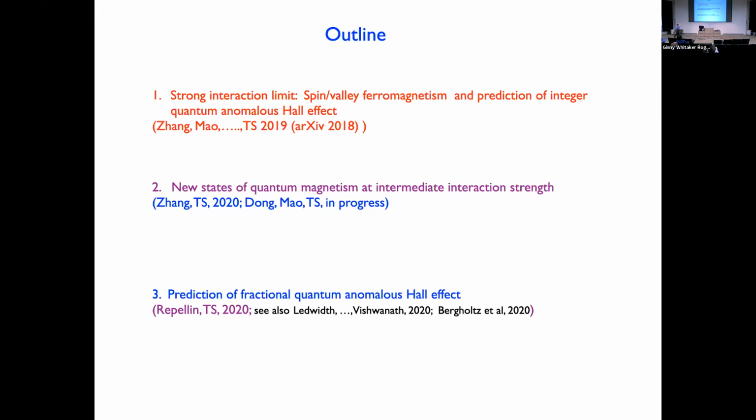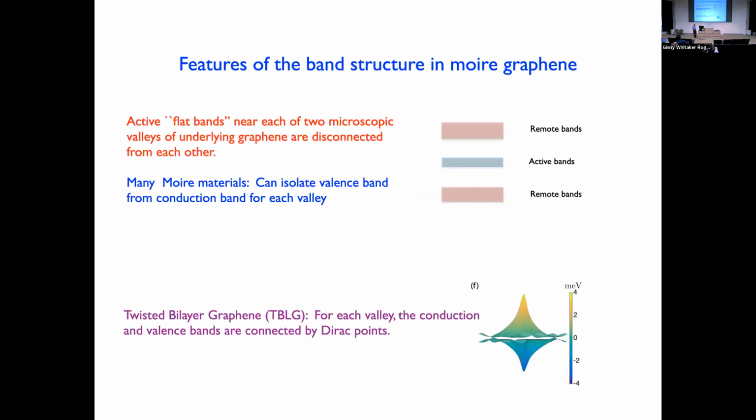And then that'll set the stage for the newer work. I'll talk about new states of quantum magnetism at intermediate interaction strength that might exist. And then finally, if there's time, I'll talk about the prediction of a fractional quantum anomalous Hall effect in these same systems when you dope away from integer fillings.